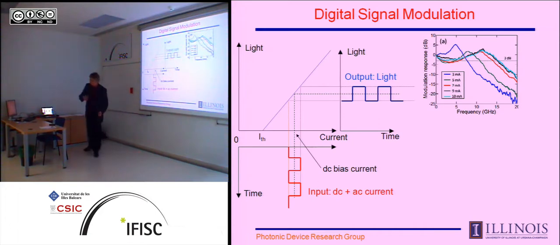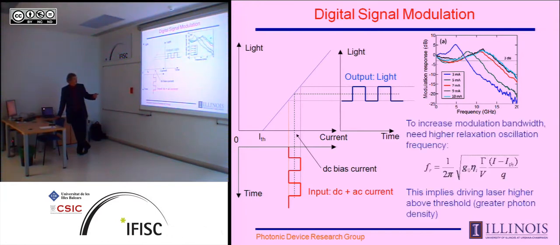If it's 1 to 1, on a decibel scale we have 0, and then as we increase the frequency, at some point the output can't follow the input, and it'll fall. At the point of 3 dB or 50% decrease in the output amplitude, we call it the 3 dB bandwidth. In this particular case, this is for a high-speed VCSEL where we have about a 15 gigahertz modulation bandwidth.